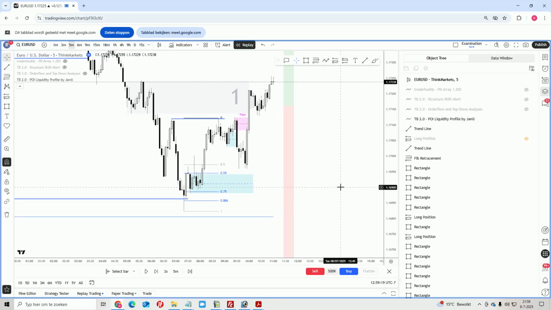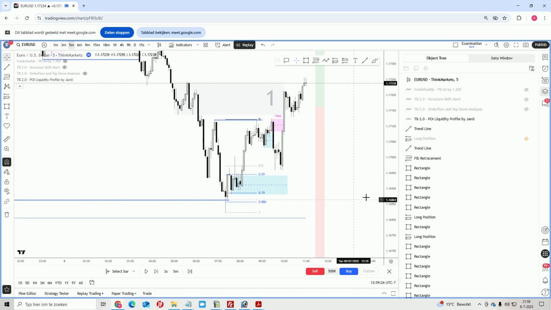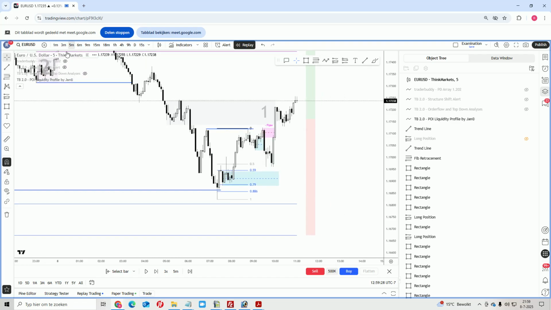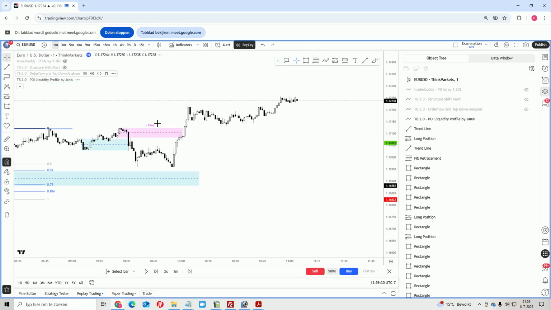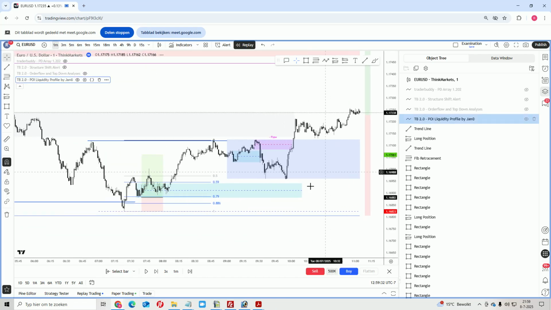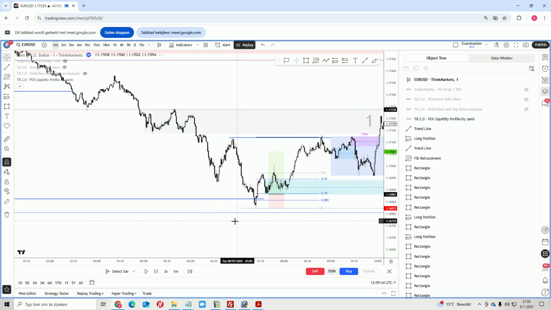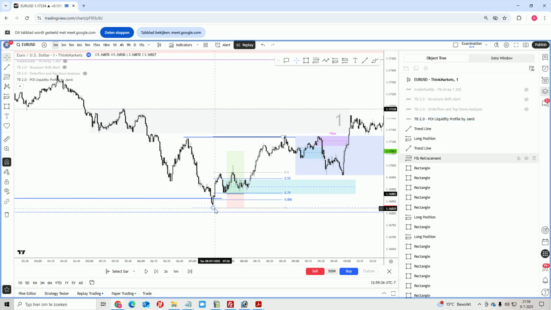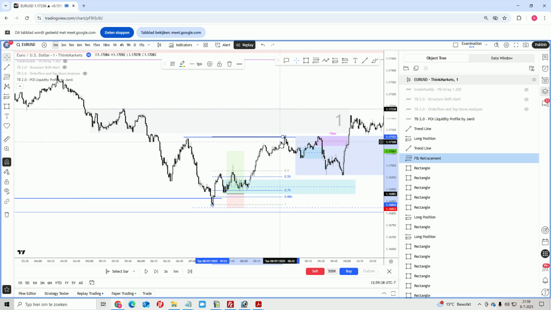I believe, Ramazan, you trade a lot to the 50%. You can always check if you want the real distance. You can always check the candle close, and that would have filled it. Okay. By a pipette.